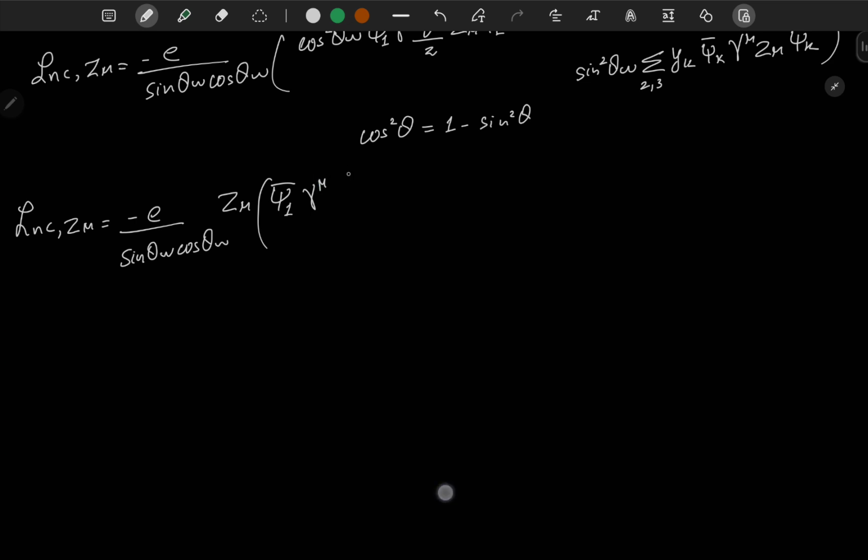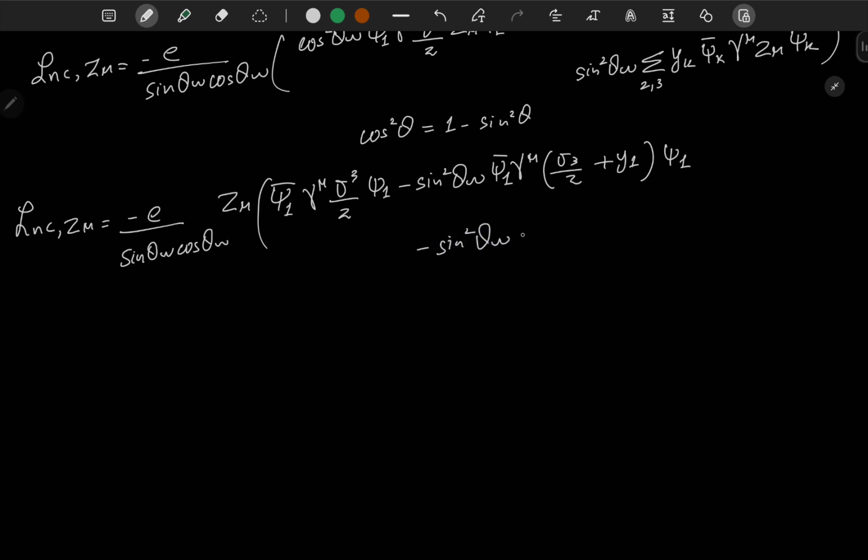Well, sigma 3 over 2 psi 1 minus sine square of theta w psi 1 bar gamma mu sigma 3 over 2 plus y1 psi 1 minus sine square of theta w sum over k equal to 2 and 3 of y of k psi bar of k gamma mu psi of k.